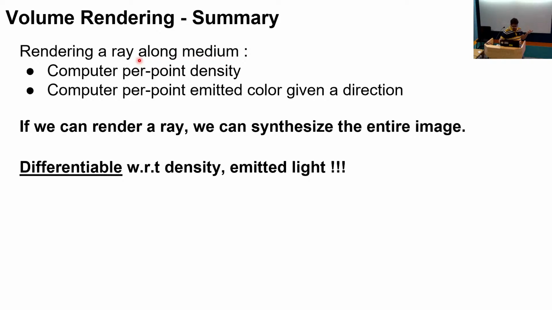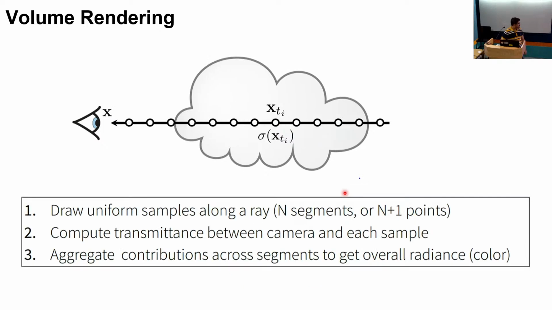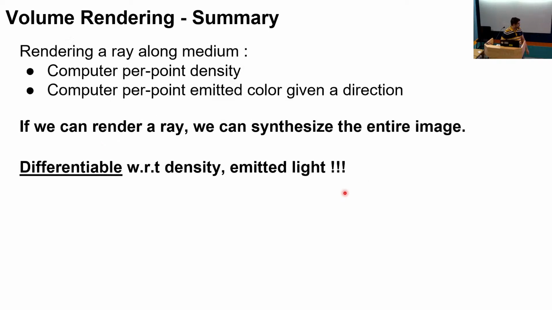Another good thing is that this is differentiable, so you can backpropagate the losses. We will see how it is used in NeRF. But any questions so far on the volumetric rendering equation and the models?